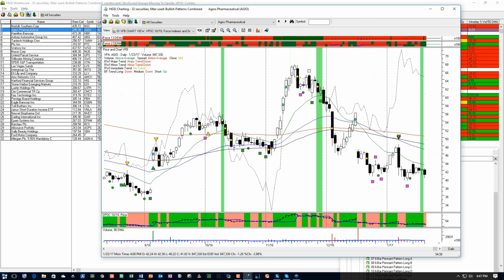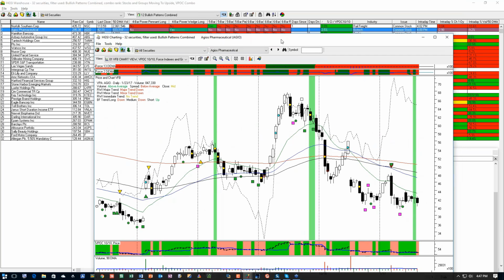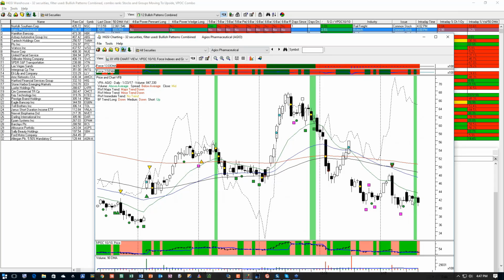You can see the pennant or the wedge is down here, but this stock's in a downtrend. Look what happened today. The VPOC went from positive to negative down here. But this would have to break to the upside before you would ever take that trade.